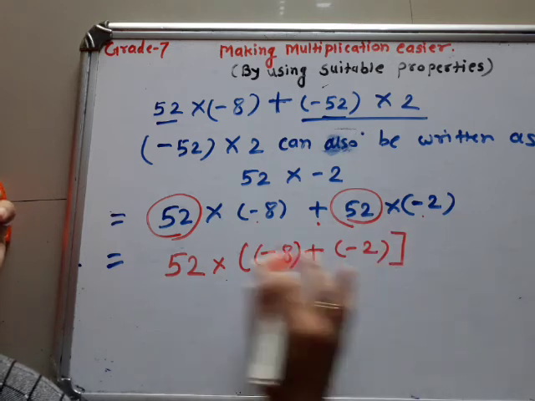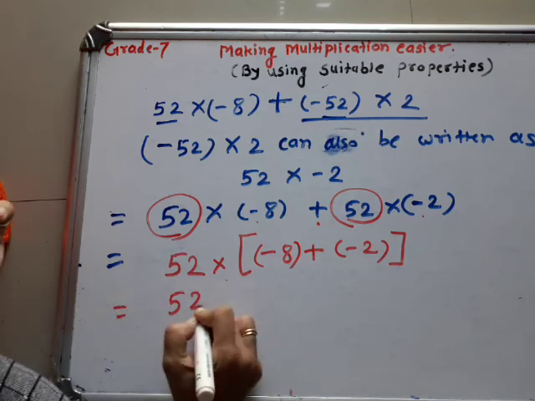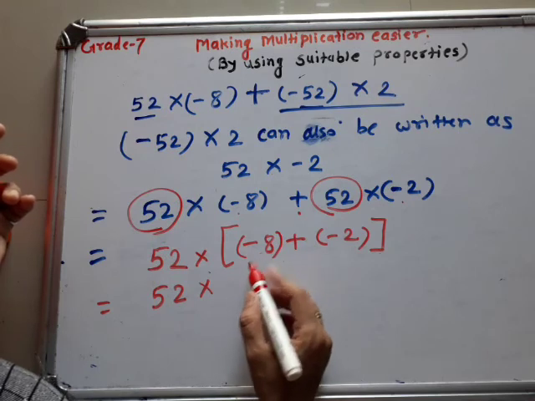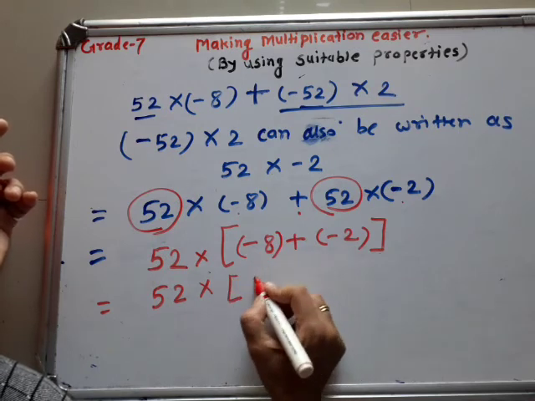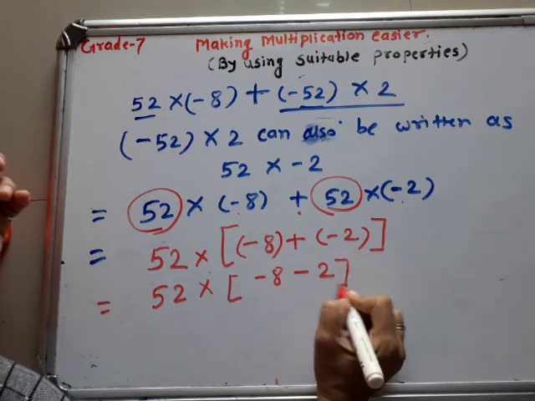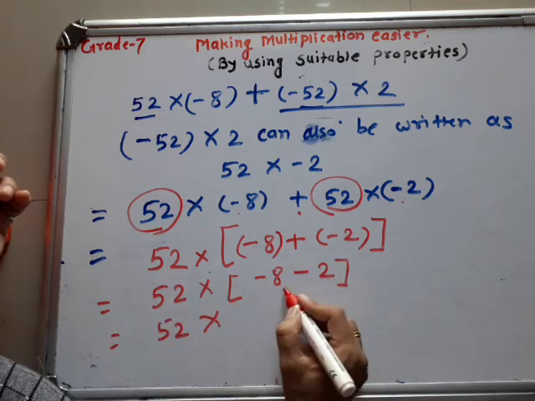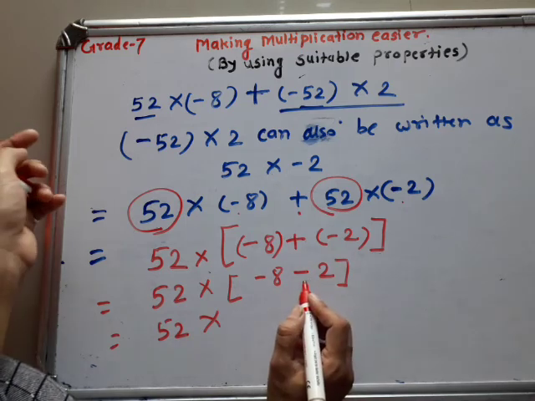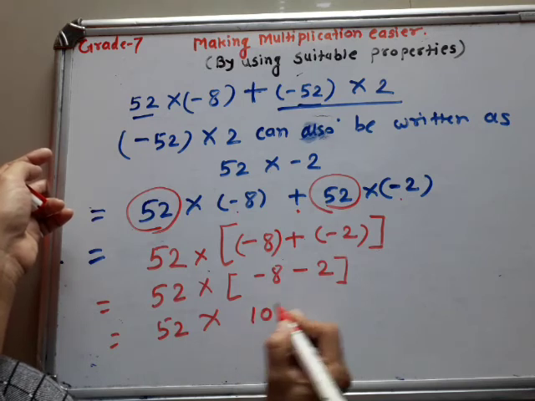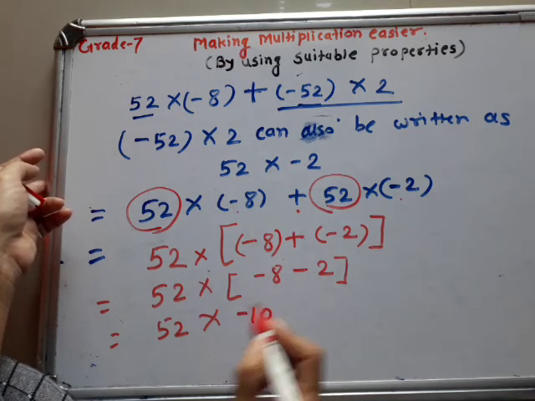This is a round bracket. Now 52 multiply by which number? Minus 8 plus minus 2. Now solve this: minus and minus, here we do the addition, 8 plus 2 is 10, and the greater number is 8, so the sign of the greater number is minus: minus 10.